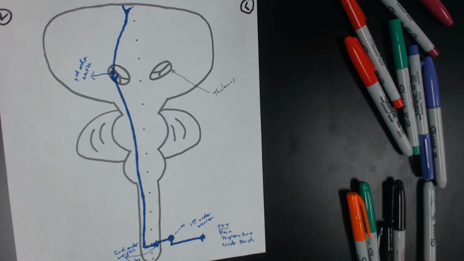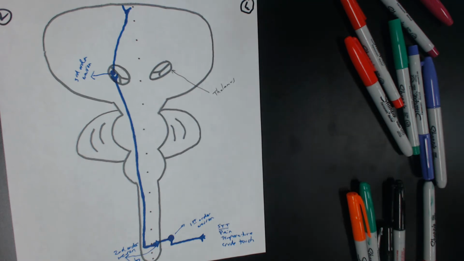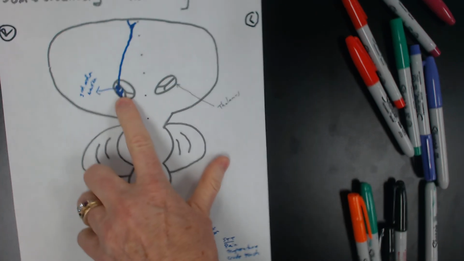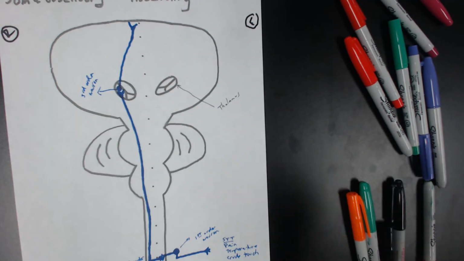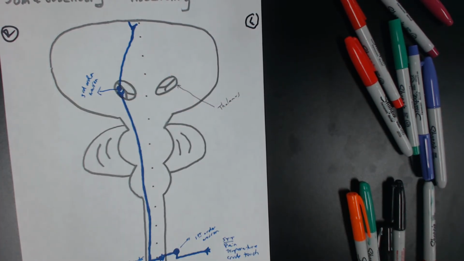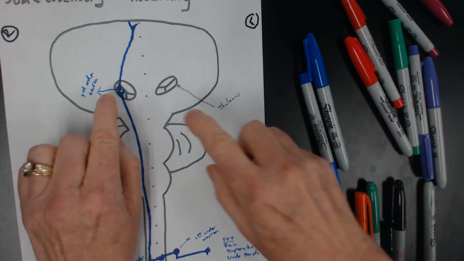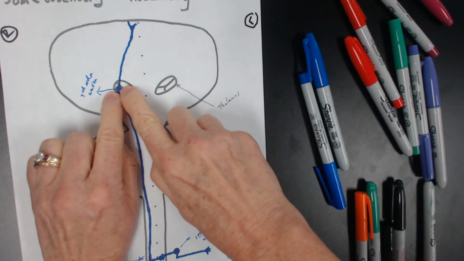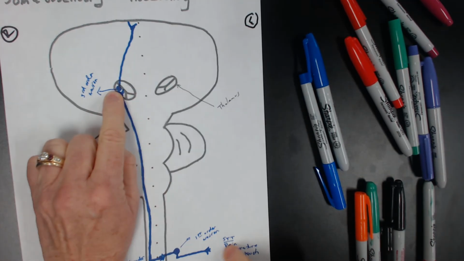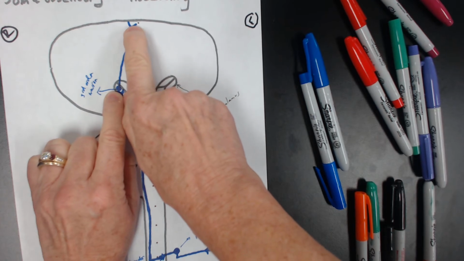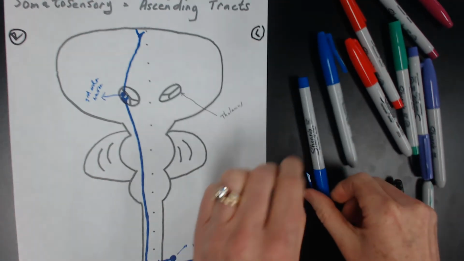Other questions? Yes, Ben. So that top dot in the postcentral gyrus, that's not a neuron, that's just showing that if you have a lesion there, that's going to affect the STT. Okay, so this third order neuron sends out the sensory information that it perceived here to the primary somatosensory cortex.